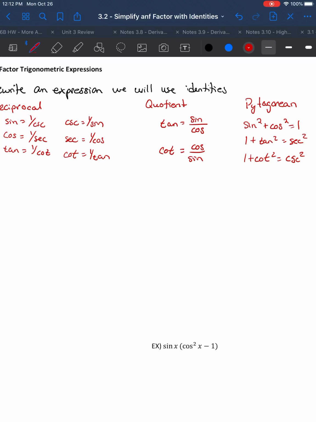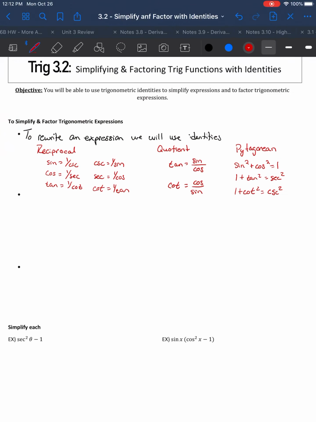Okay, now, what makes this unit hard? I'm not trying to scare you, nor am I trying to make this worse for you, but the complicated part about this lesson is there's more than one right way to do each of these problems. There's no set rule that says you have to do this first, this second, this third.